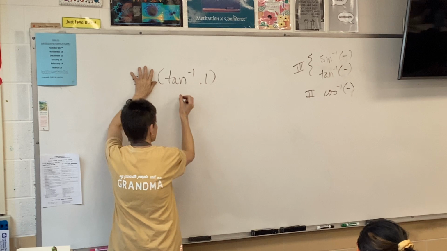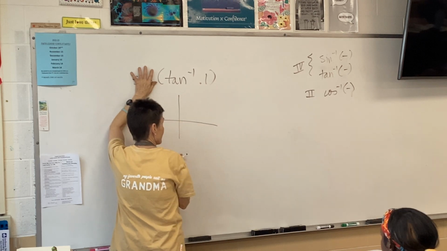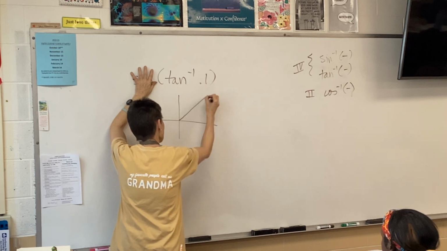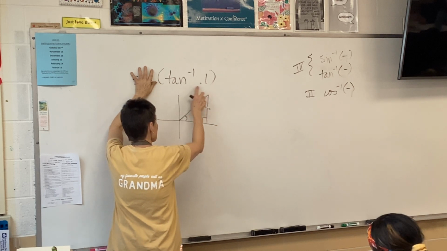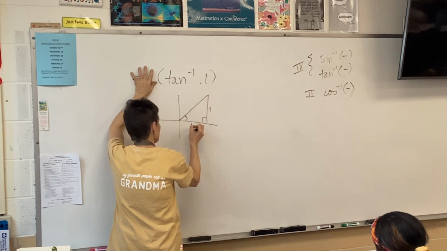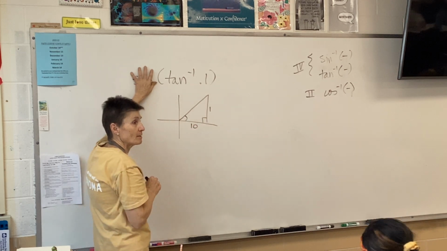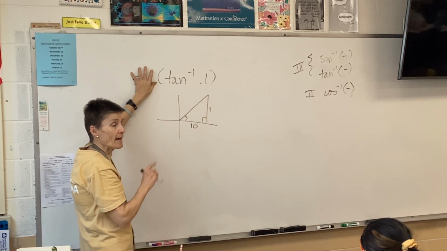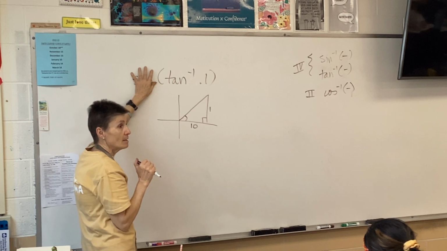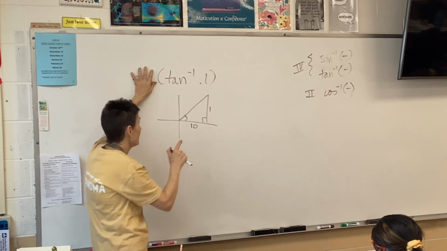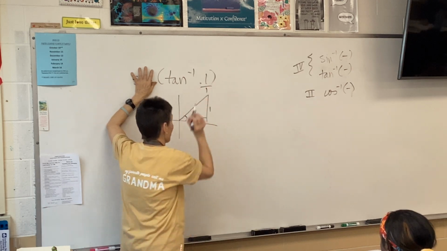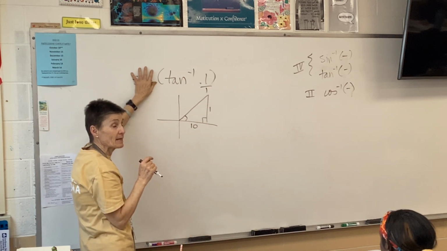This says there's an angle out there whose tangent is 1/10. Now I went ahead and made it a fraction so that I had an opposite and an adjacent. You could have done 0.1 over 1. You could do that if that's easier for you.